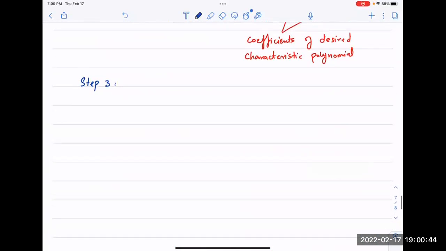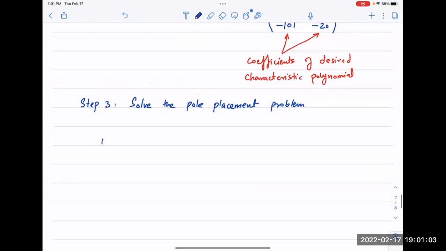So the problem is that A bar minus B bar K bar should be in a particular form.